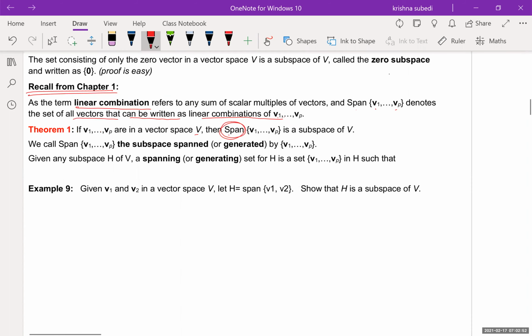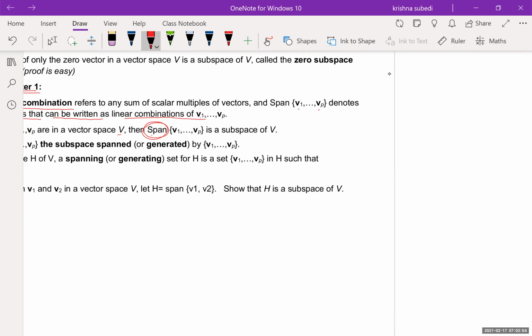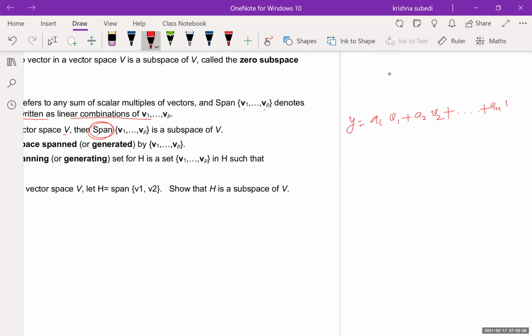For example, suppose you have y equals a1 v1 plus a2 v2 plus all the way up to an vn, then we can write y as being in the span of v1, v2, all the way up to vn. So span means linear combination, so generation.